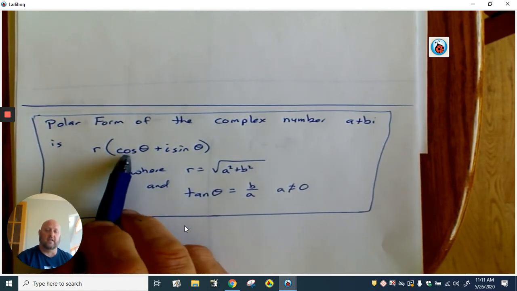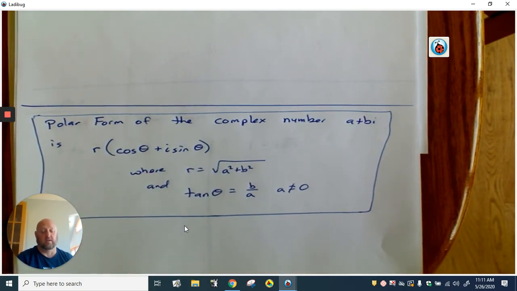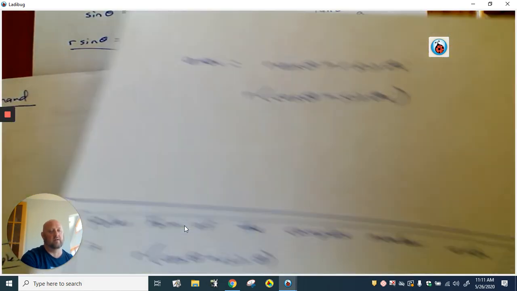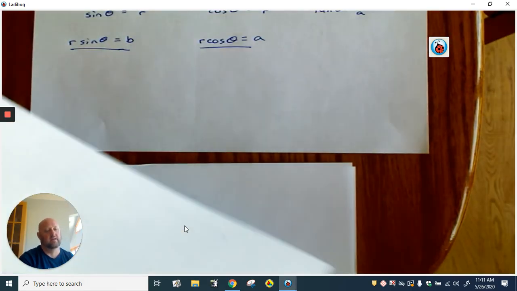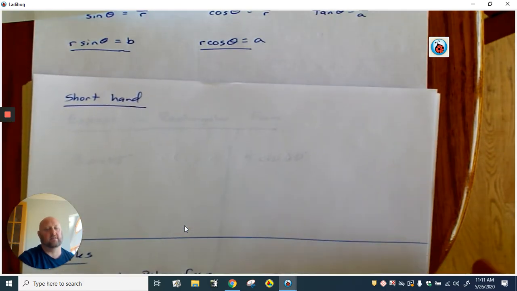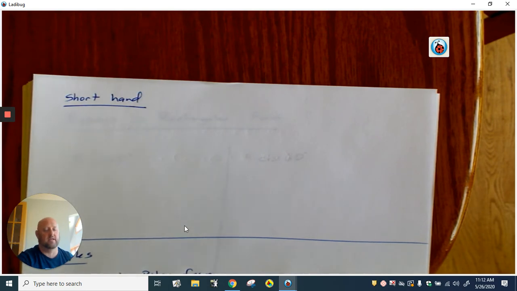Now, this is standard form. It's kind of a long way to write one number. So we actually do have what we call a shorthand here. It's not something that is standard per se, but I look at it as almost a shorthand kind of thing.